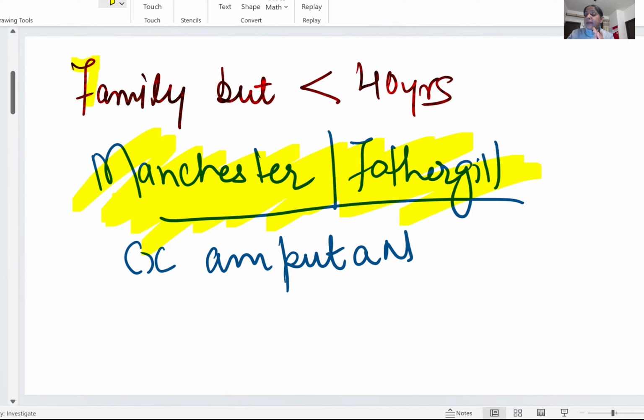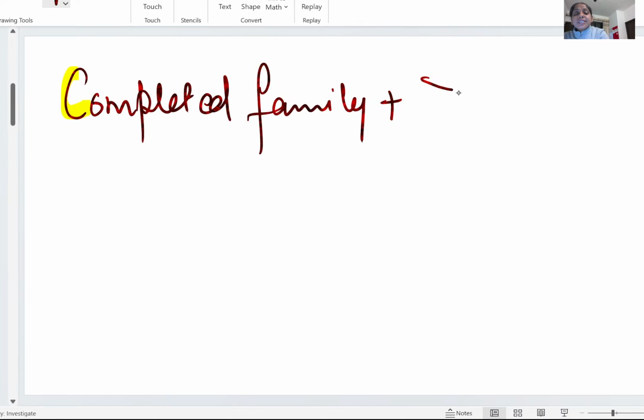Now for the female who has completed the family and is more than 40 years, what is the surgery we do? The female is already going into the menopausal stage, right? So what surgery will we do?